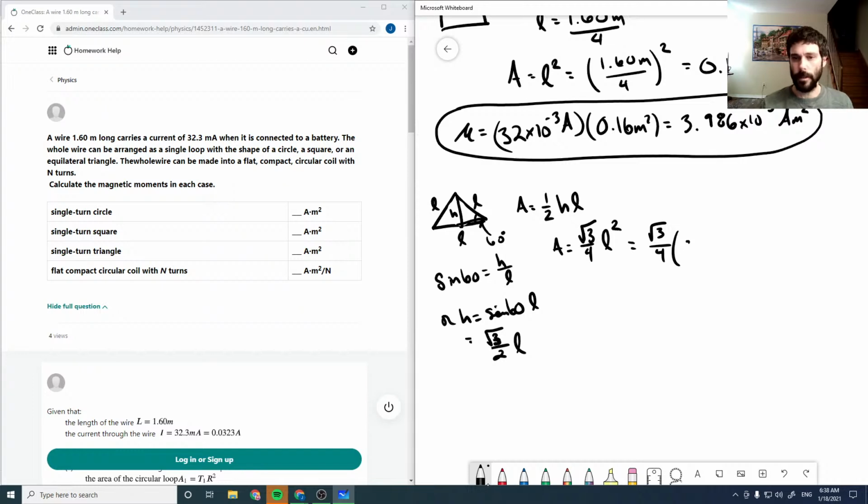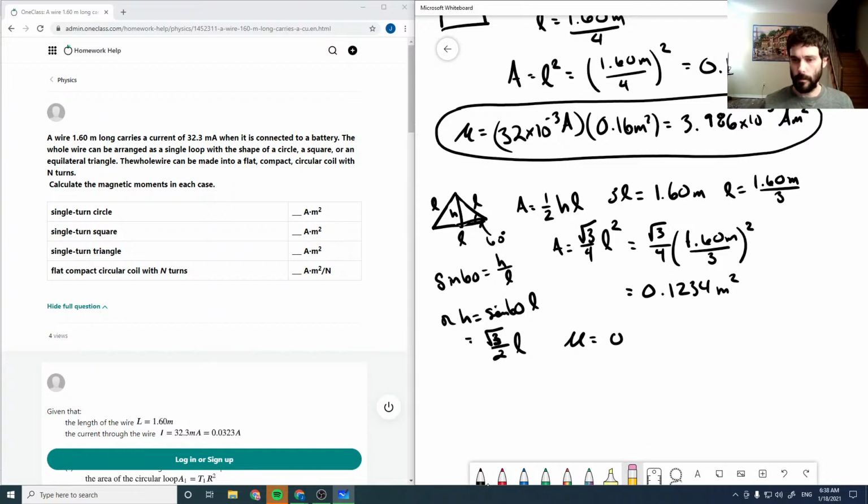For our perimeter here, 3 times L is the 1.60 meters, so L is 1.60 meters over 3. So the area is square root of 3 over 4 times (1.60 meters over 3) squared, and if we do that all out, it comes to 0.1234 meters squared.